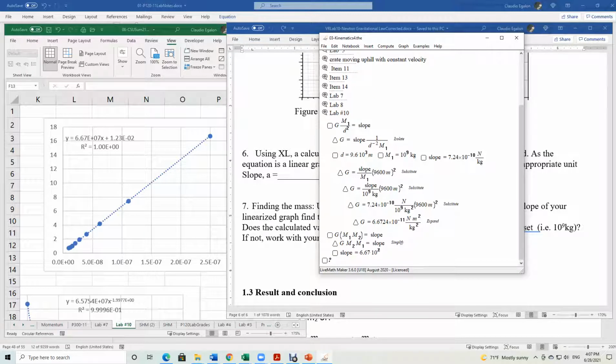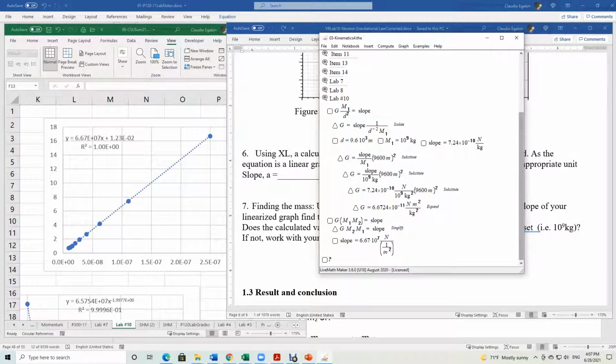Oh, and you gotta look at the unit. The unit is the unit of force divided by the unit of x. The unit of x is what? 1 divided by meter square. Unit of force, right? Rise divided by the run.